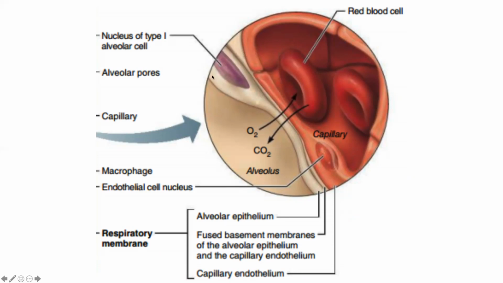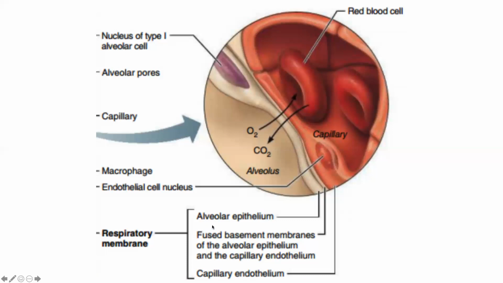In the alveolar wall, we have the squamous epithelium, which is lying on the basement membrane. So now we have another name, which we call the respiratory membrane. Of course, on one side we have the alveoli with its wall, and on the other side we have the capillary with its wall. So they are fused together.